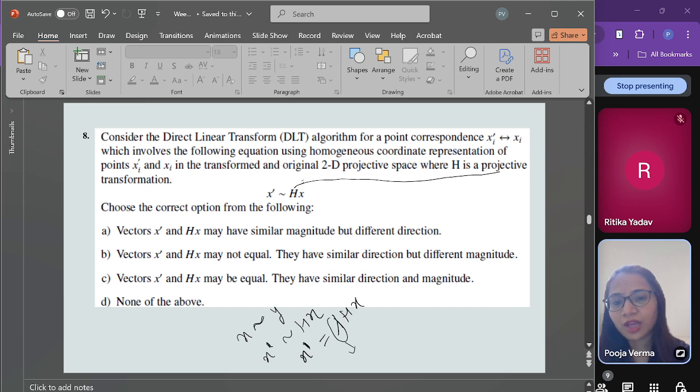So the option that vectors x prime and Hx may not be equal, having similar direction but different magnitude due to this scalar multiple factor, is correct. So for this question, option B is the correct one.